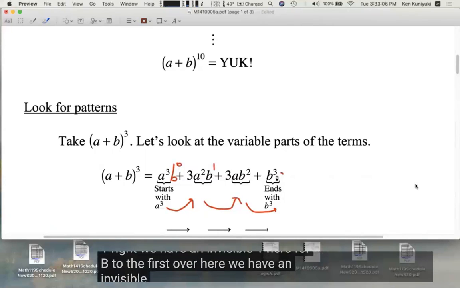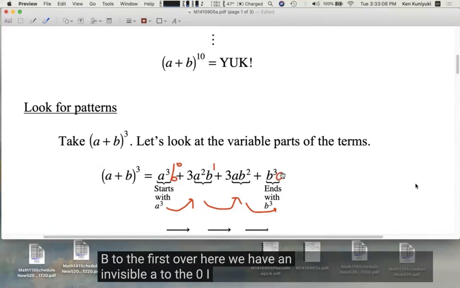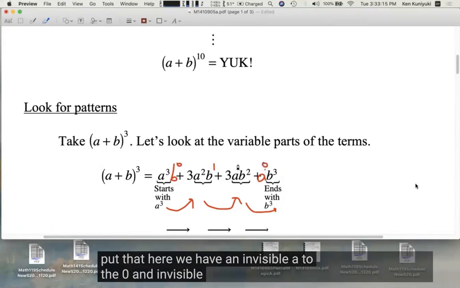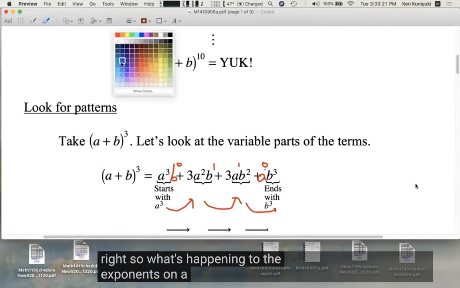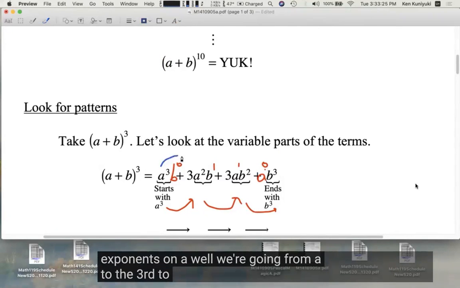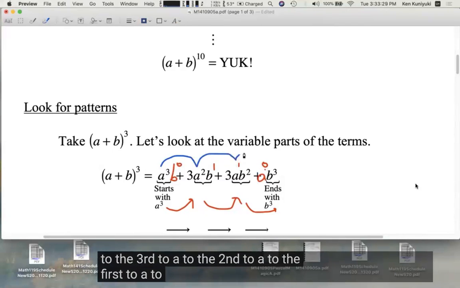Over here, we have an invisible a to the 0. I guess I should put that here. We have an invisible a to the 0 and an invisible 1 over here, right? So what's happening to the exponents on a? Well, we're going from a to the third to a to the second to a to the first to a to the 0.